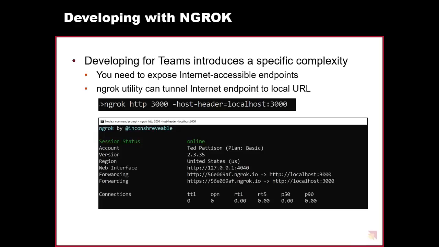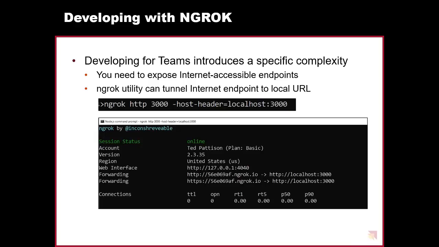So by using NGROK, they have a utility that interacts with their cloud-based service, and the idea is that we can then take a localhost URL and make it available over the internet.